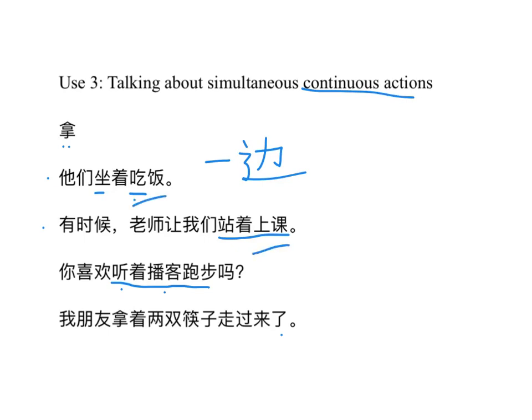In what way are they having class? They're having class standing up. In what way are they running? They're running while listening to a podcast, okay? So what we see is this 着 is showing us something that is continuous, but also something that is like the setting or the background oftentimes. It's something that is constantly true during the duration of our main verb. If that was a little bit confusing, don't worry, we're going to see a bunch of examples going forward and we're going to practice this a bunch because this 着 is really important.